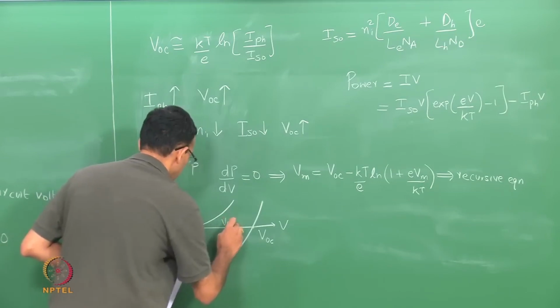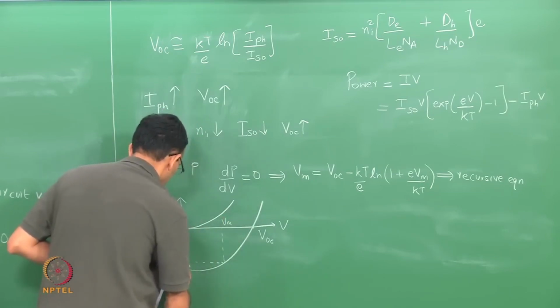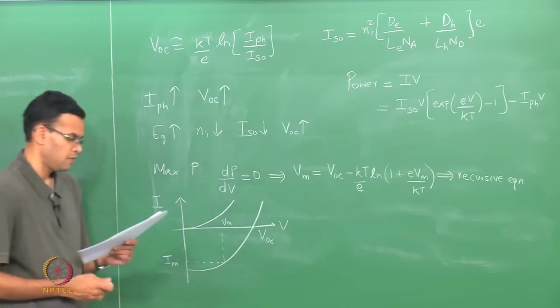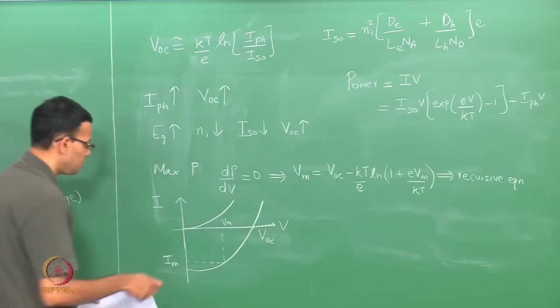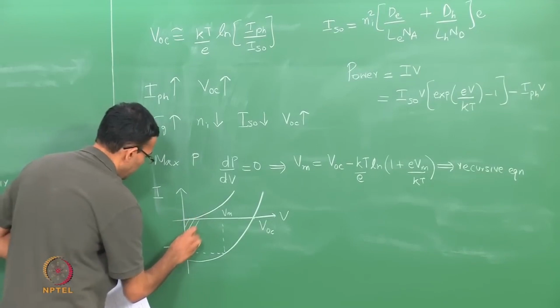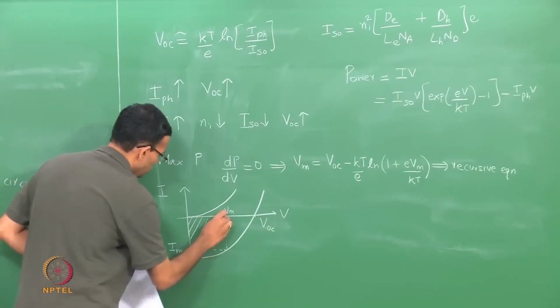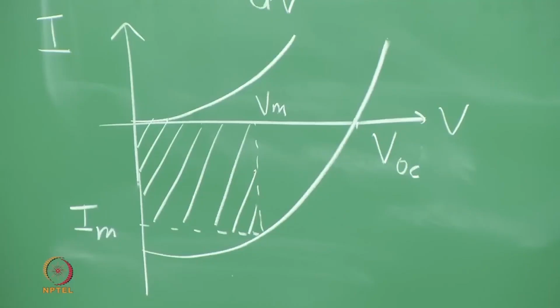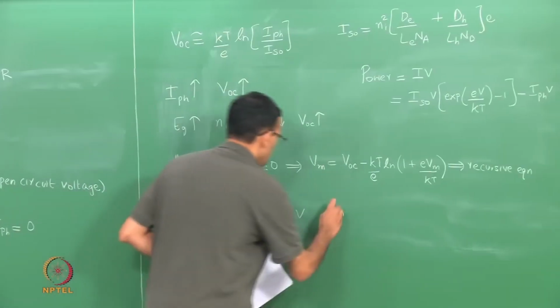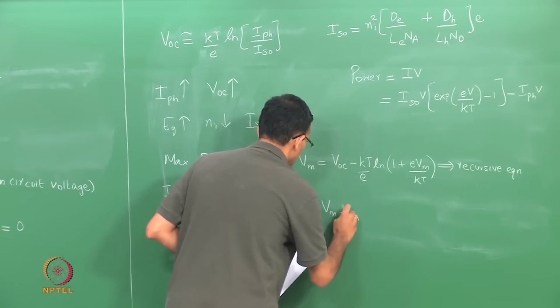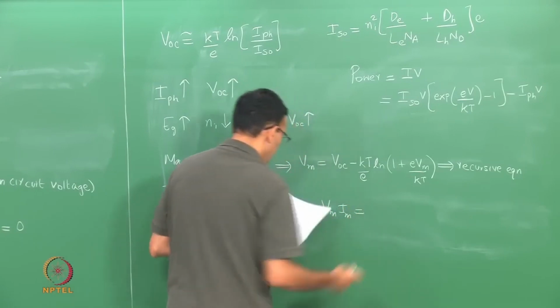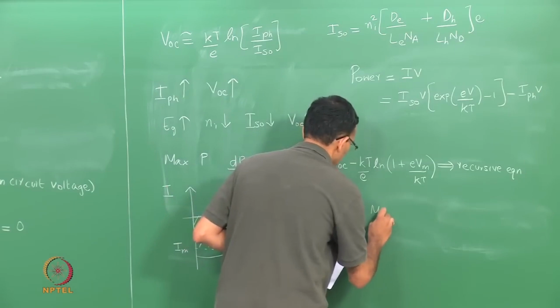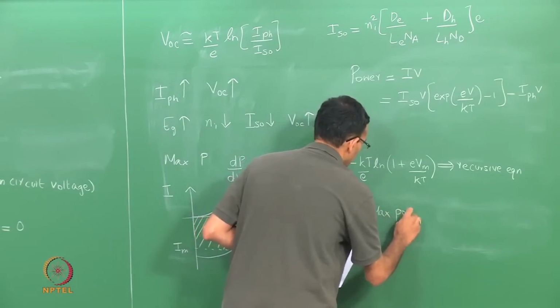So, this is Vm, corresponds to Im. The area under the curve or the area between these 2 points gives you the maximum power that is delivered to the system. So, Vm times Im is the maximum power delivered.